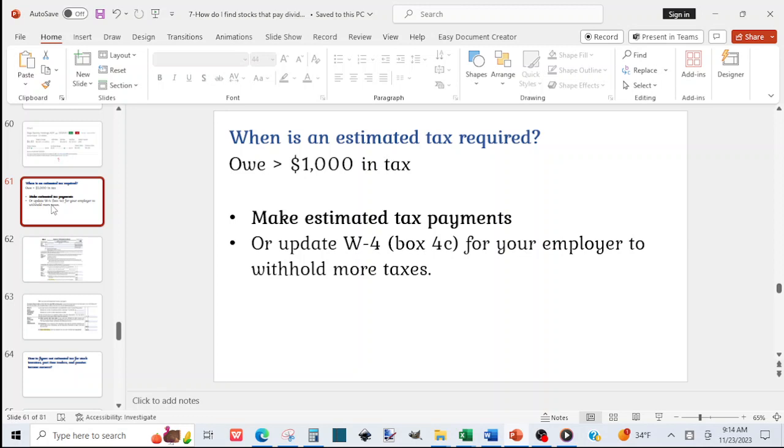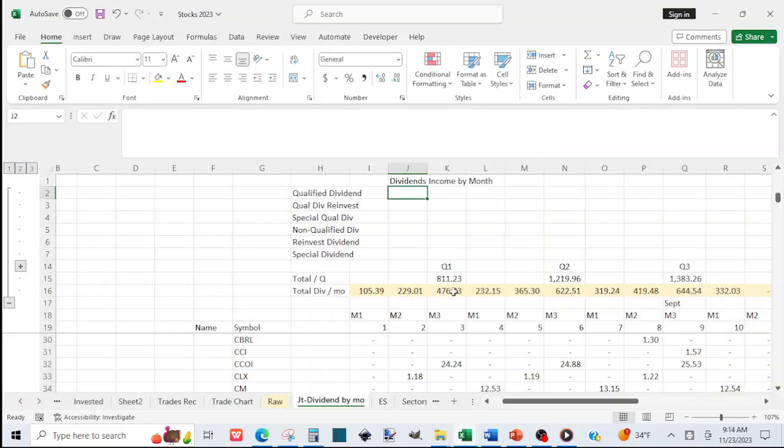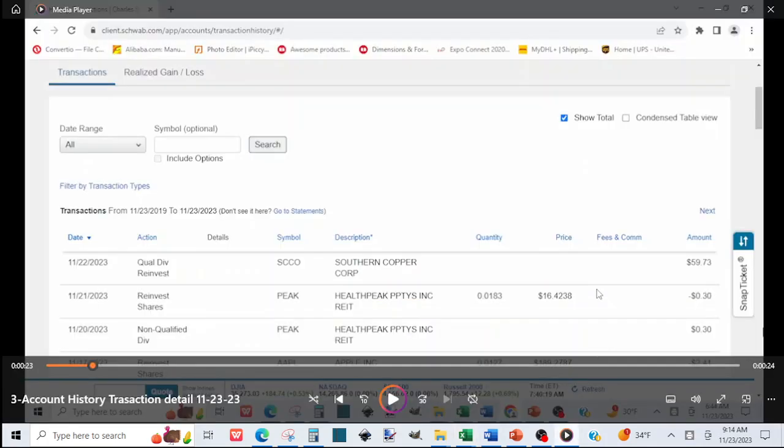The dividend income that you are generating in your taxable brokerage account, even if you reinvest those dividends, you still pay income tax on them when you file your 1040 at the end of the year.